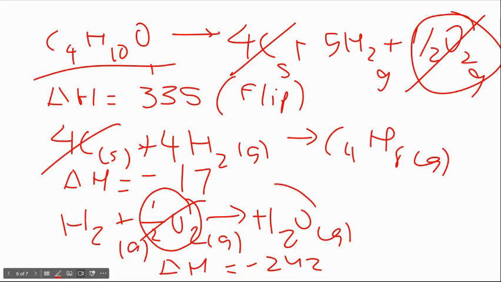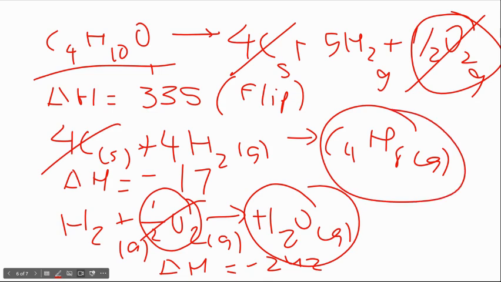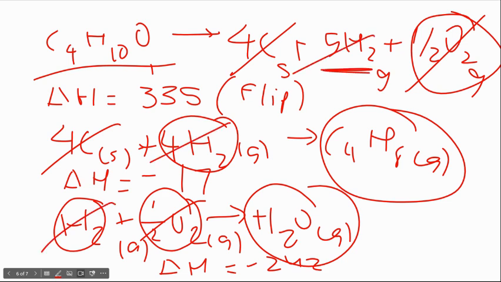This remains here, this remains here, and then both of these combined become 5H2. These get canceled, and we're left with what we want: C4H10O, which is liquid, is equal to H2O plus C4H8, with all the correct states as well.